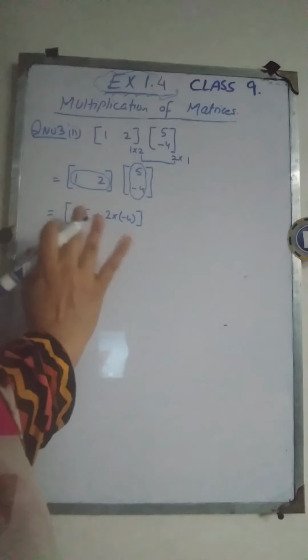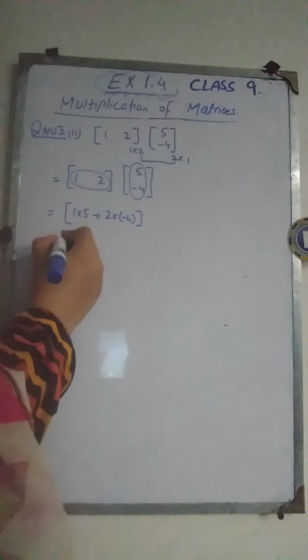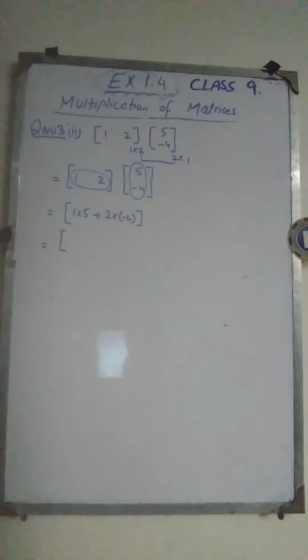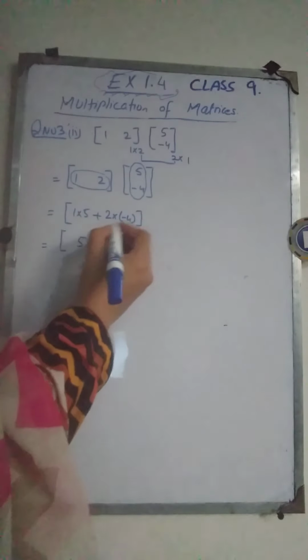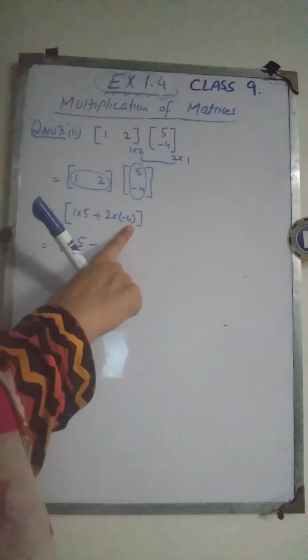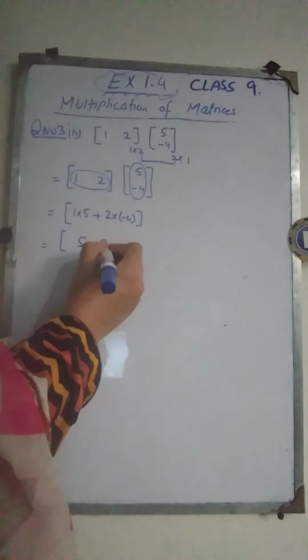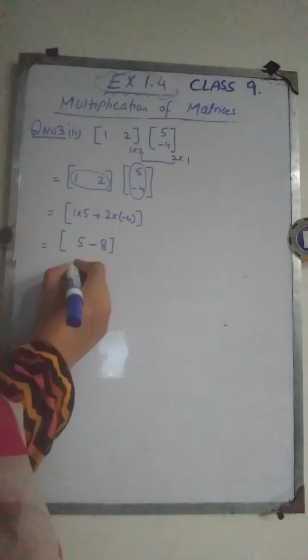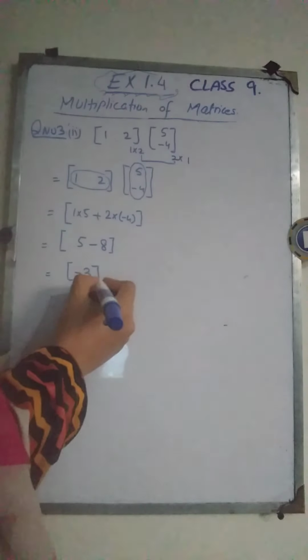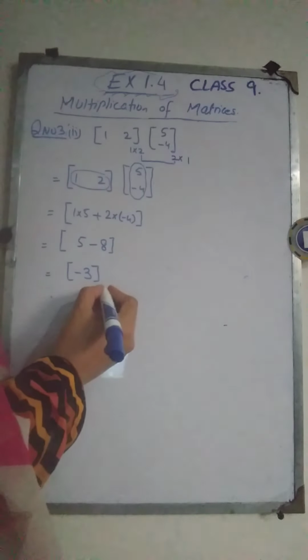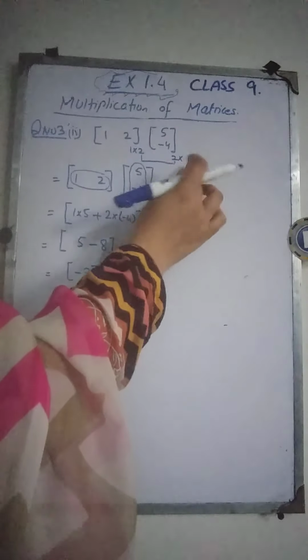And as there are no further columns, there won't be any steps remaining. Now 5 into 1 is 5, and 2 into negative 4 is negative 8. So 5 minus 8 is equal to negative 3. The order of the resulting matrix is 1 by 1, as we had already predicted.